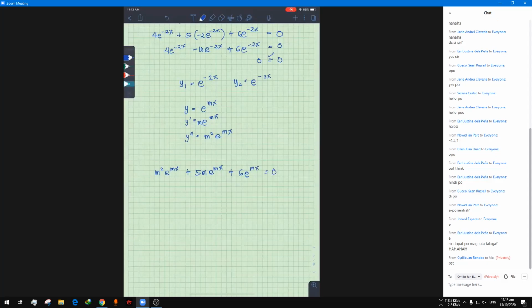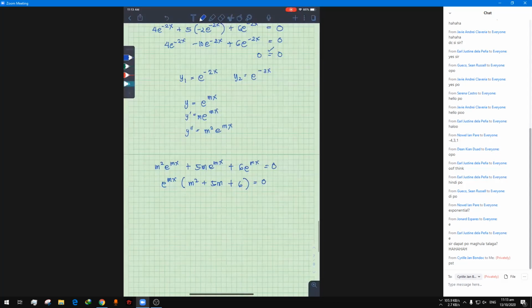So from here, we can factor out e raised to mx. Matitira would be m squared plus 5m plus 6.